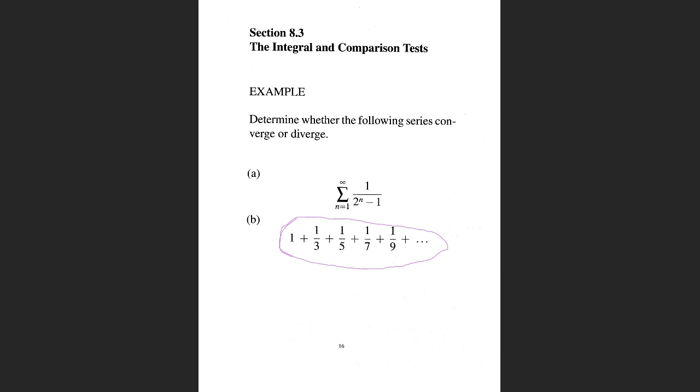So what would be helpful to have for this series? They wrote out some terms of the series: 1 plus a third plus a fifth plus a seventh plus a ninth and so forth. Yeah, a formula. Okay, so what do you think the formula is for this series?